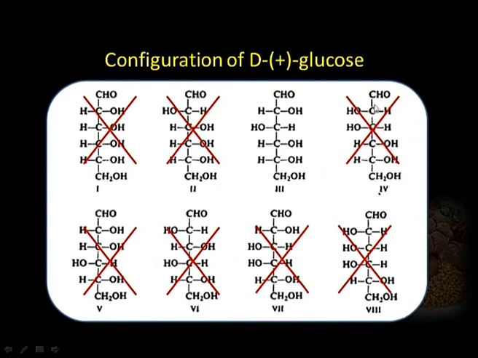So, by this series of reactions, Fischer arrived at the configuration 3 for D plus glucose. And as I said before, it was arbitrarily taken that the hydroxyl on the lowest asymmetric carbon atom is on the right side. It was taken at that time by comparison with glyceraldehyde, and there also it was an arbitrary decision.